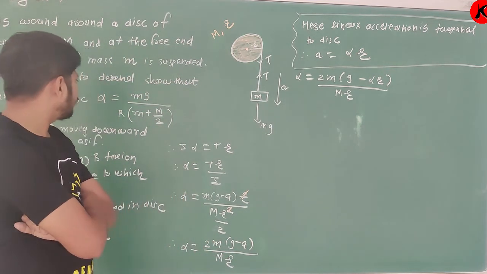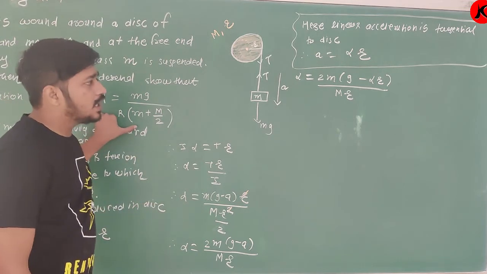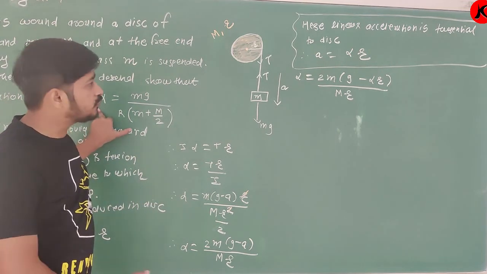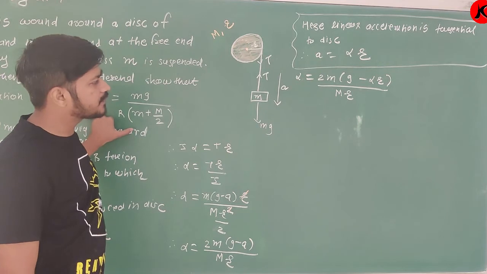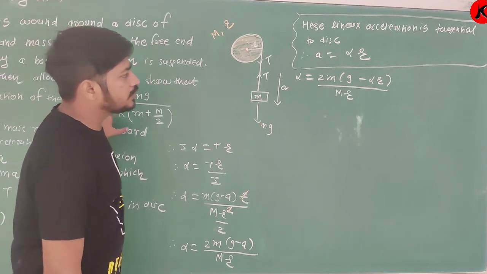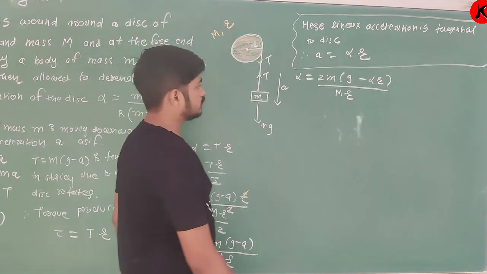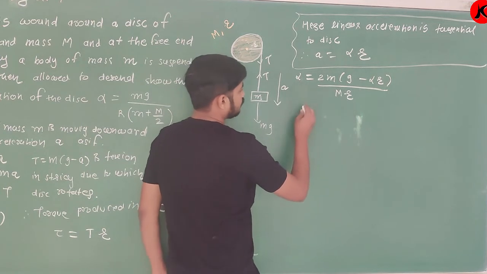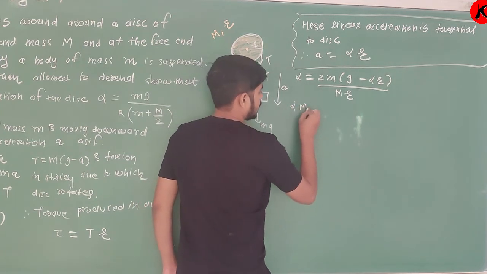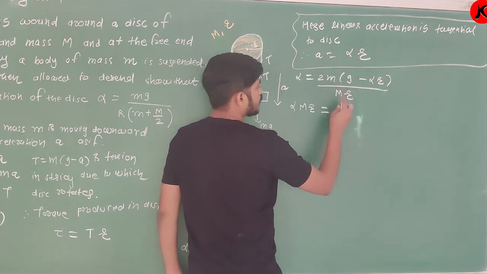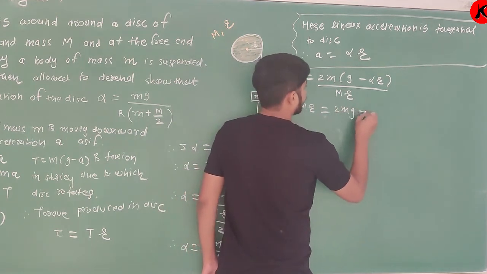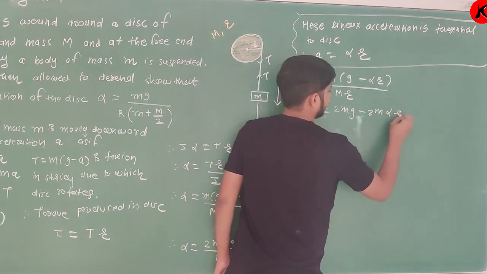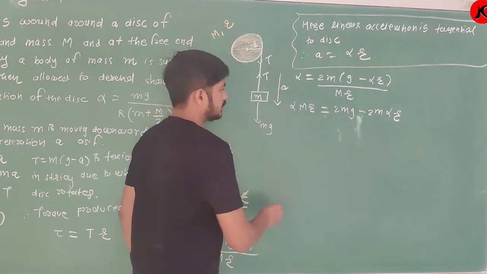Now as you have to find the equation of alpha, you have to make alpha the subject. Physics over, now it's maths. First of all, we will cross multiply this. Here it is alpha r is equal to 2g minus 2 alpha r. Take this term here.